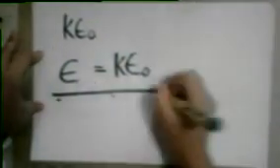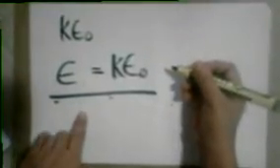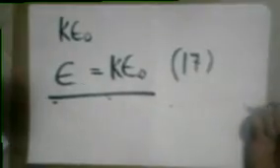The product K epsilon naught is called the permittivity of the dielectric, denoted by epsilon. So we can write epsilon equals K epsilon naught. This is the permittivity of a dielectric, and we can denote this as our equation 17.